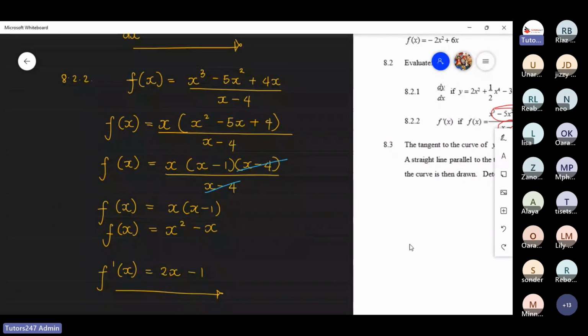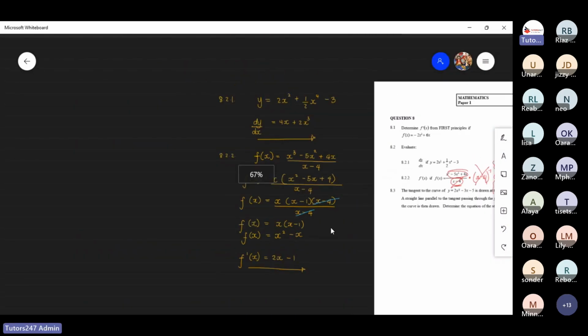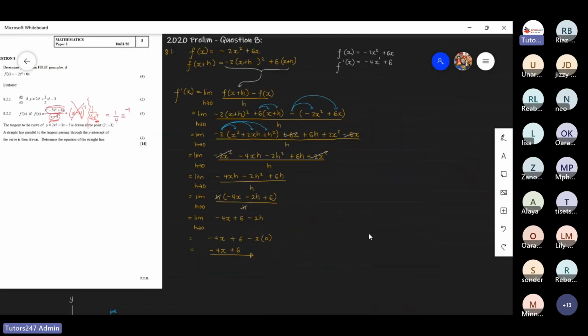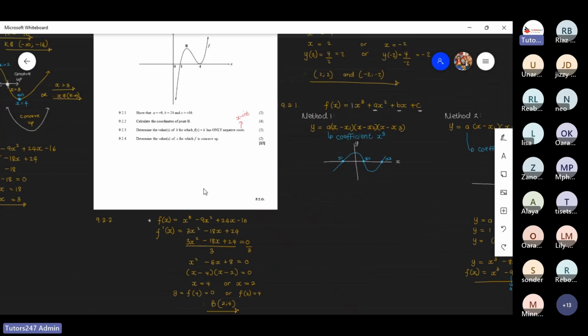So those are the rules. If you have a surd, you cannot derive as yet. You need to change the form of that surd. If you have a single term in your denominator, that is the variable that you are deriving with respect to, you can move that variable to the top by changing the sign of its exponent.